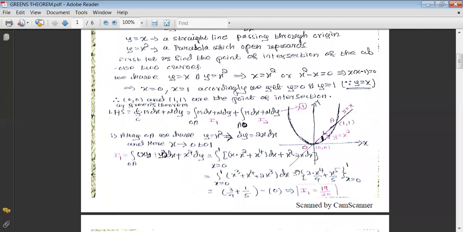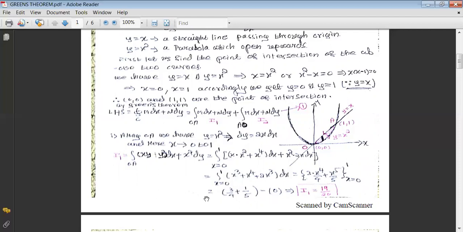If I take dx as the common term, then we find x cube plus x raised to 4, and here it is 2x cube. That is 2x cube plus x cube, that is 3x cube. Once we integrate with respect to x, 3 as it is, x cube gives x raised to 4 by 4, plus the integration of x raised to 4 is x raised to 5 by 5, and you have to take the limit from 0 to 1.